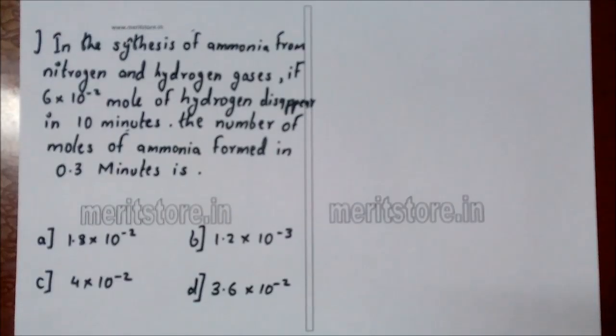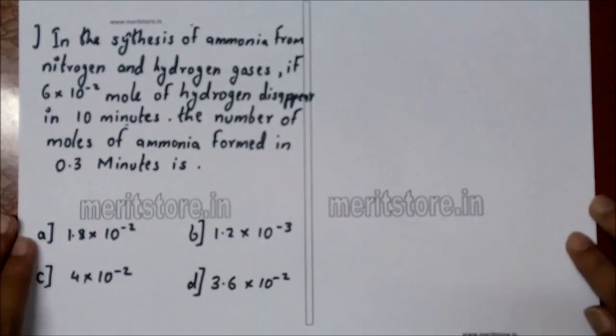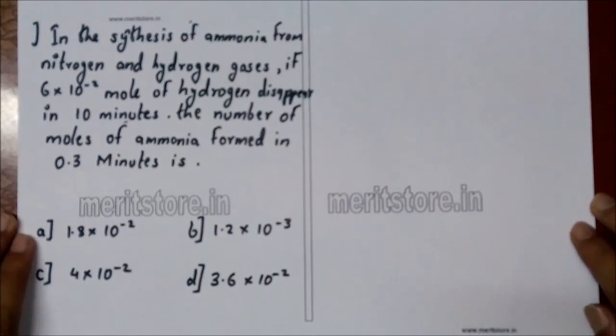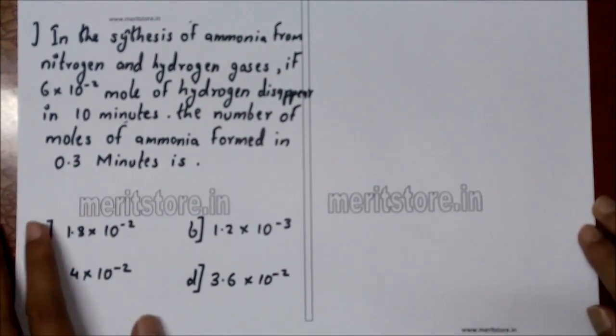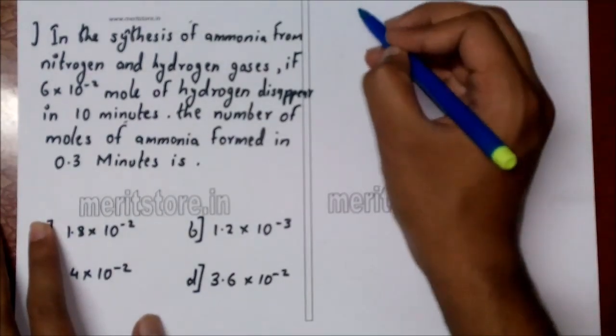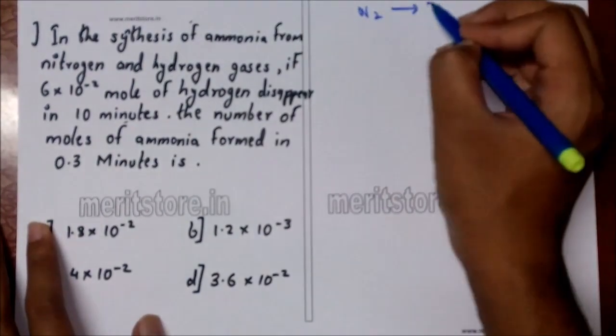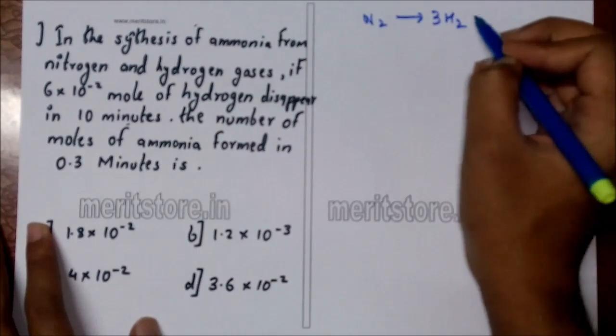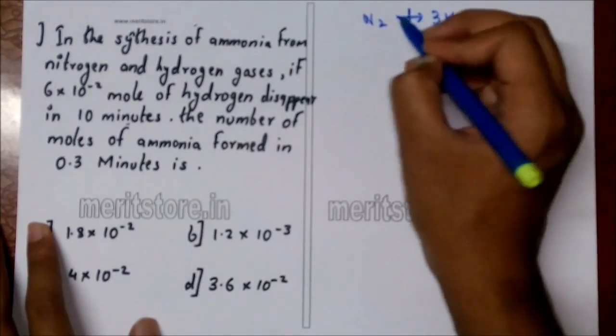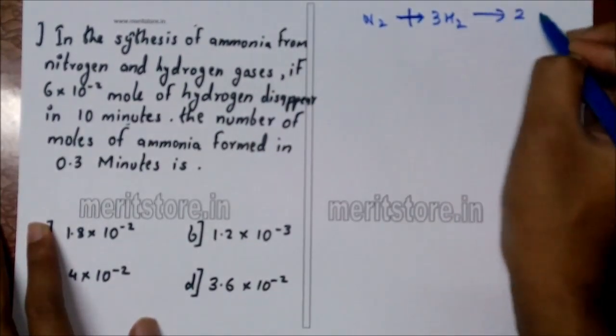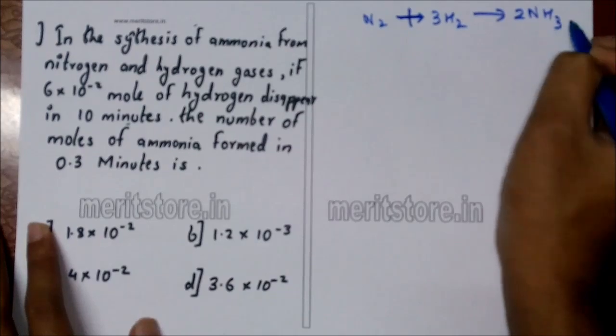In the synthesis of ammonia from nitrogen and hydrogen gases, if 6 × 10^-2 mole of hydrogen disappears in 10 minutes, the number of moles of ammonia formed in 0.3 minute is? So in the given reaction, nitrogen plus 3 moles of hydrogen will give 2 moles of ammonia.